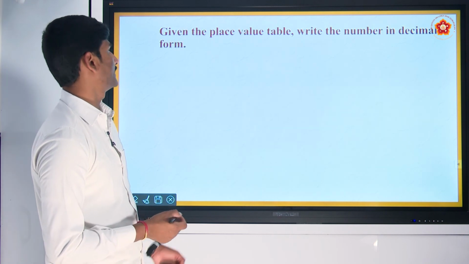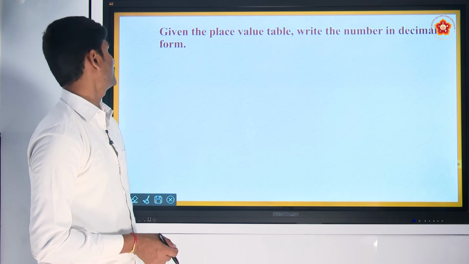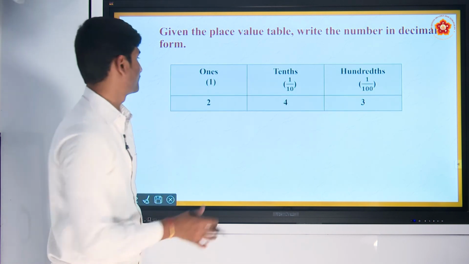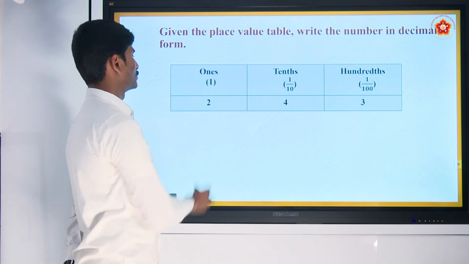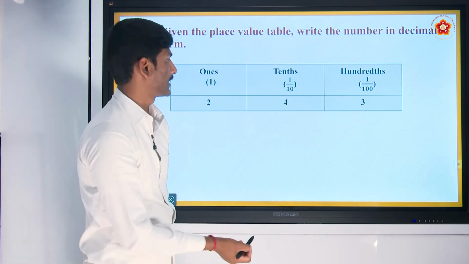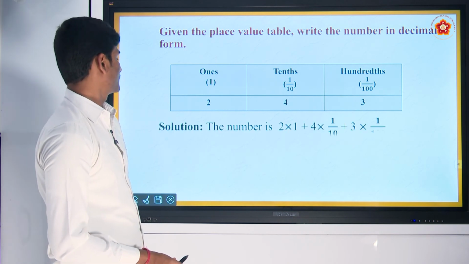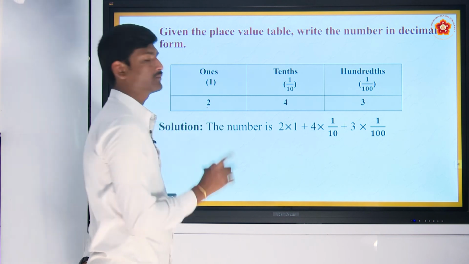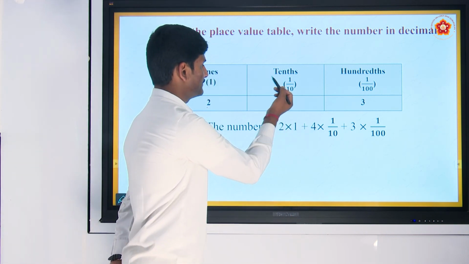Then I take another one. Given the place value table, write the number in decimal form. In this place value table, 2 is in the ones place, 4 is in the tenths place, and 3 is in the hundredths place. What is the place value of 2? Ones place, 2 into 1, plus what is the place value of 4?